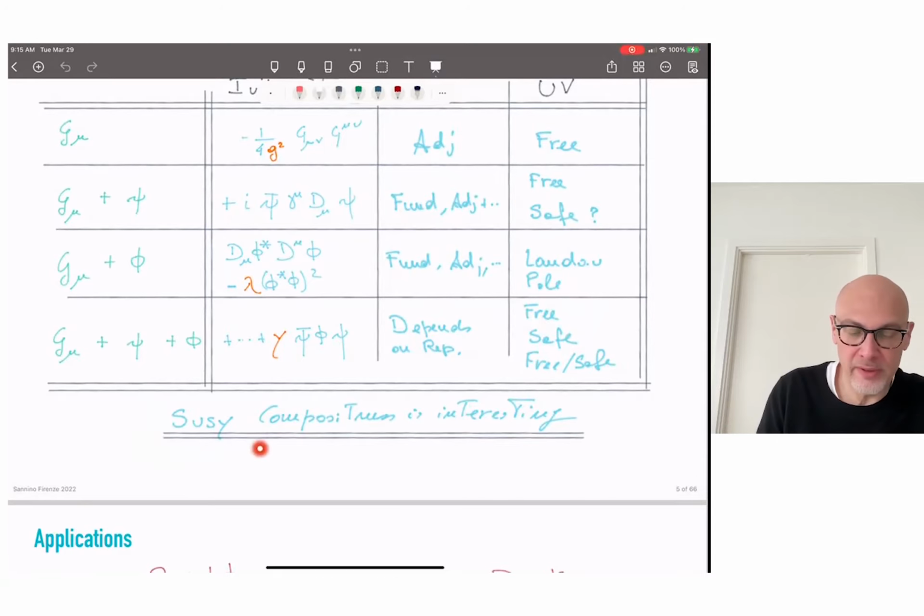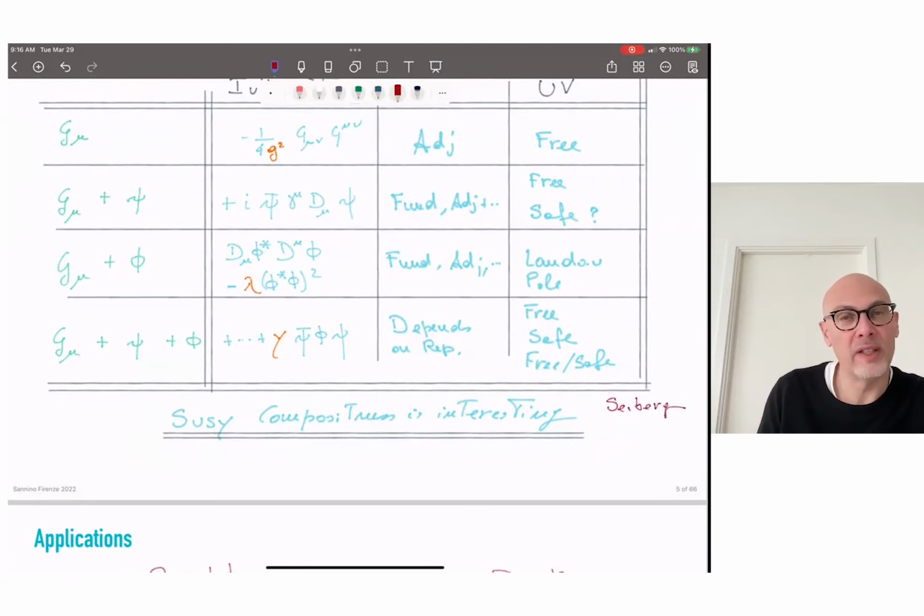If on top of everything you superimpose also the supersymmetric relation between fermions, bosons, and gauge degrees of freedom, then you can also have SUSY compositeness, which is very interesting. And I remind you of the wonderful work by Seiberg, right?